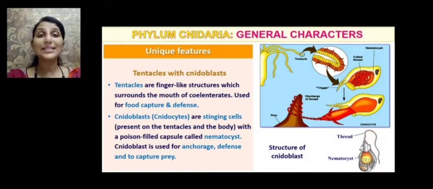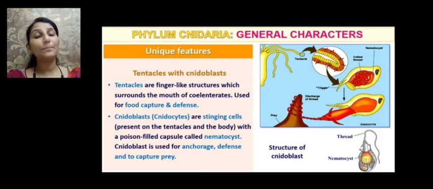And how are these tentacles able to defend against predators? They have cnidoblasts, that is cnidocytes, which are stinging cells present on the tentacles and also on the body. With the help of these stinging cells, which are filled with poison, called nematocyst. So cnidoblasts are stinging cells present on the body surface and also on the tentacles, which have a poison-filled capsule.